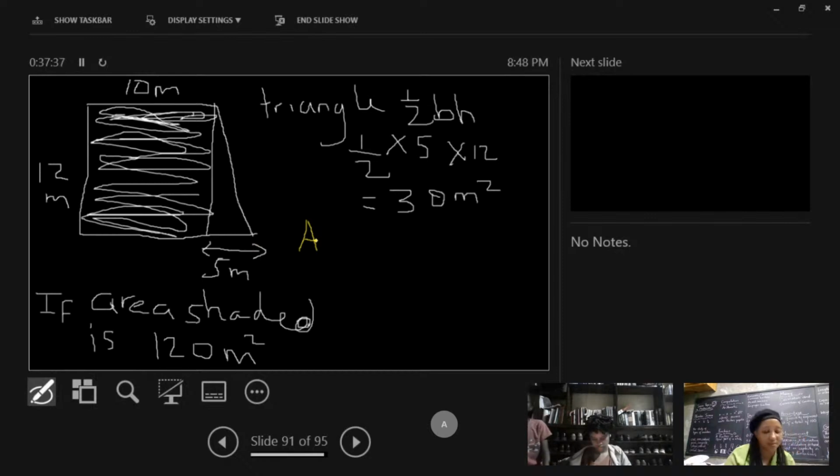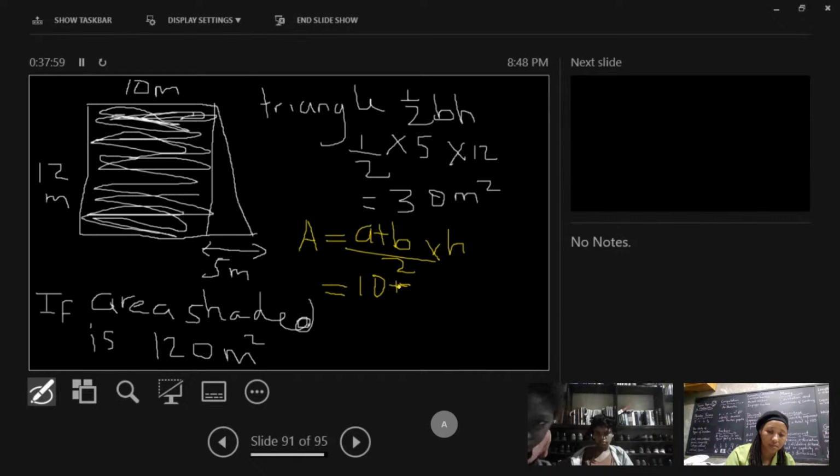So the area would be A plus B over 2 times the height. A would be the 10 meters, plus the 15, the bottom part.